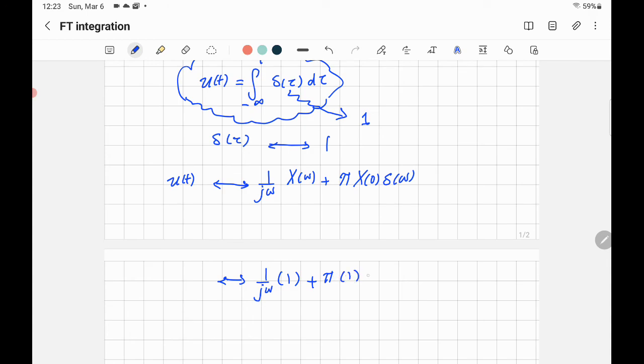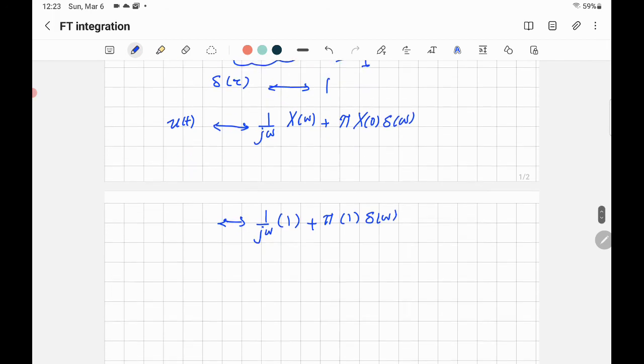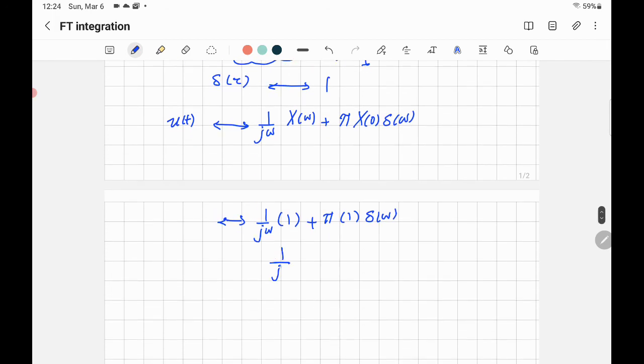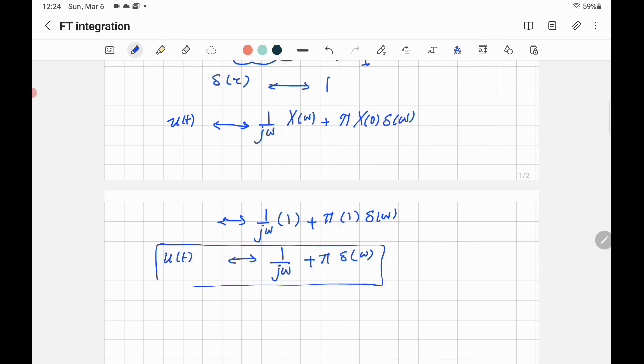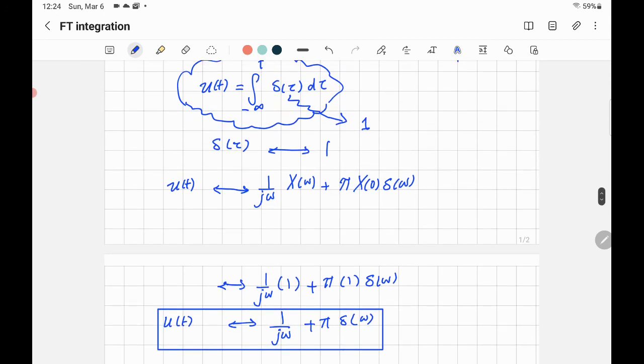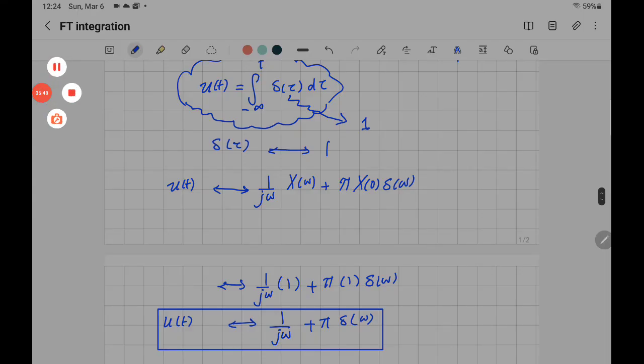So it's 1 times delta omega. So it's equal to 1 over j omega plus pi delta omega. What is that? That's the Fourier transform of the unit step. So that's an important application that helps us find the Fourier transform of the unit step.